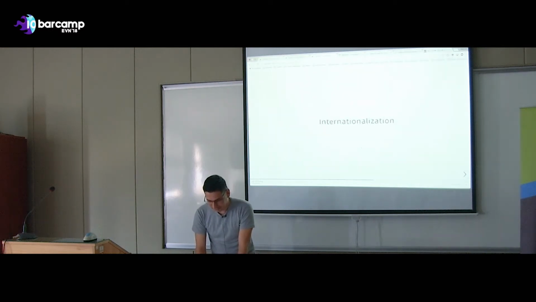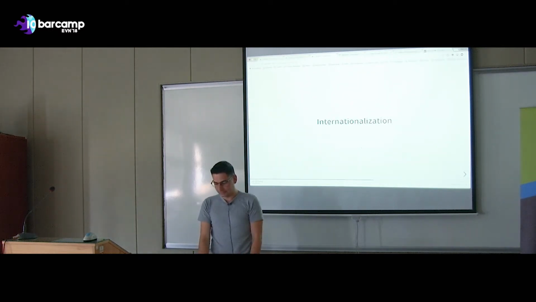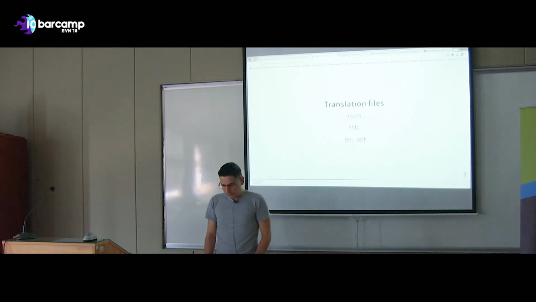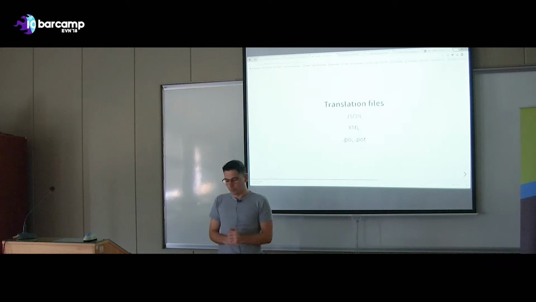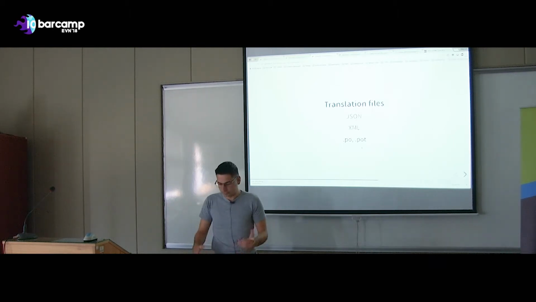Now, internationalization. If you translate your application into multiple languages, you might notice that most of the frameworks or tools you're using make use of a current file format, which is JSON, XML, or POT, or some other format depending on the tools.